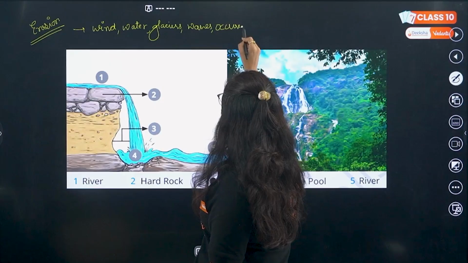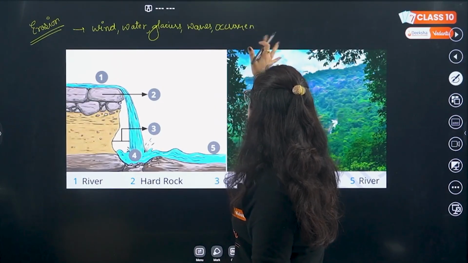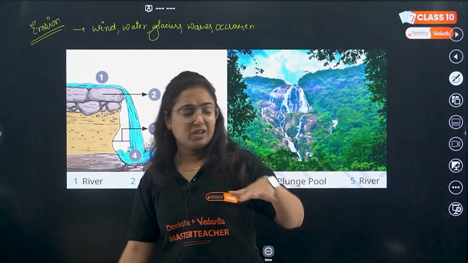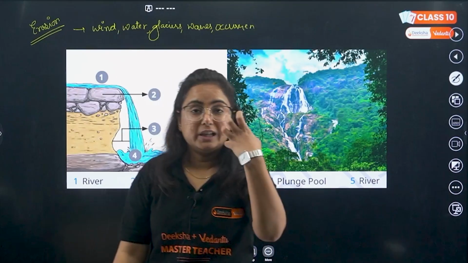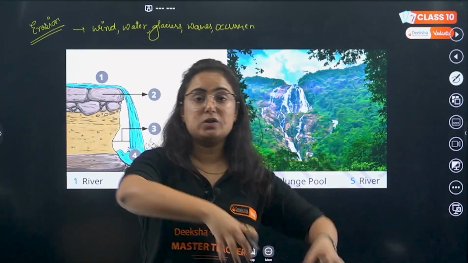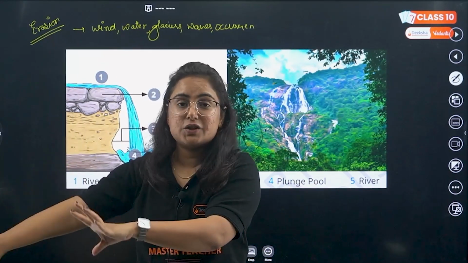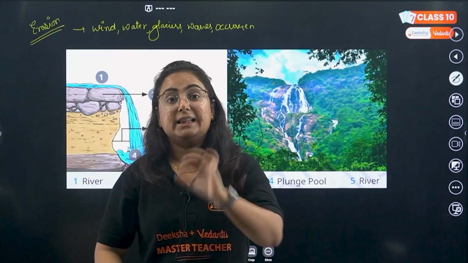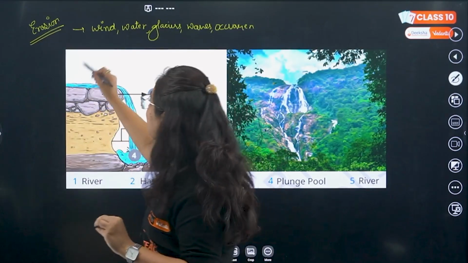All of them carry those sediments. So what happened, beta, due to their force they can carry those sediments and deposit them at some other place. This process is known as erosion.